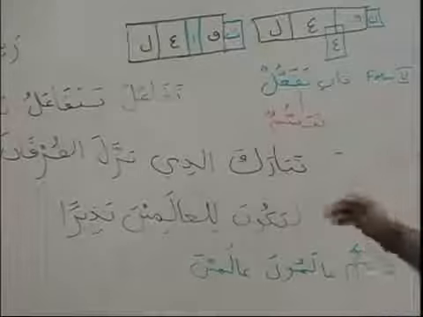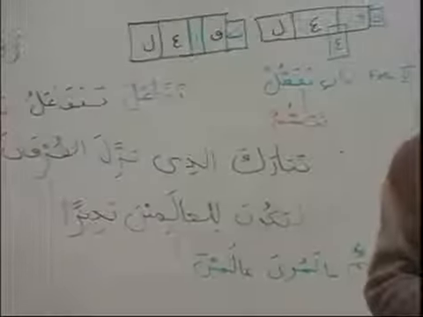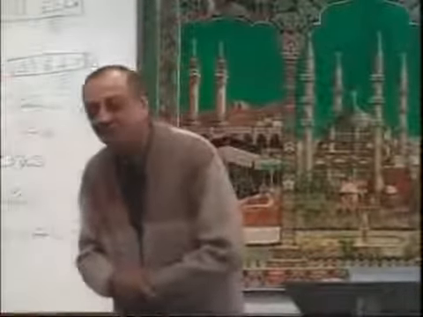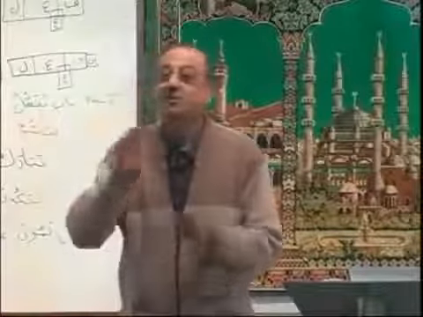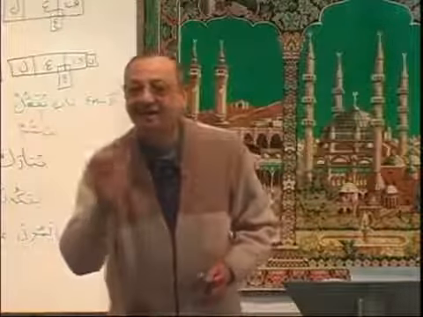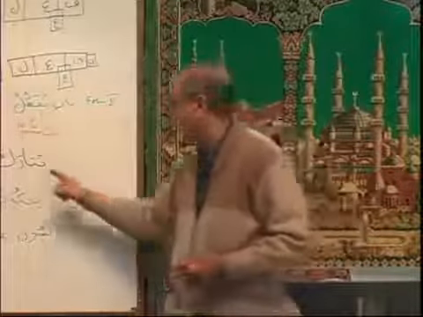But once you understand this, and every time you hear it, تبارك الذي نزل الفرقان على عبده ليكون للعالمين نذيرا. Now you don't need translation. You understand directly. Are you with me, brothers and sisters? You understand directly. Every word.